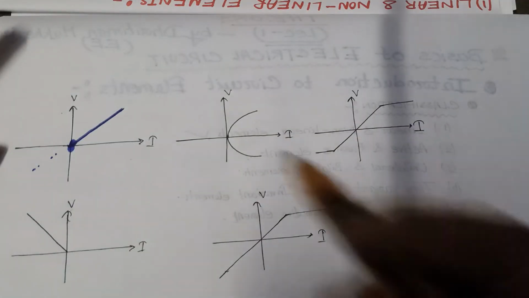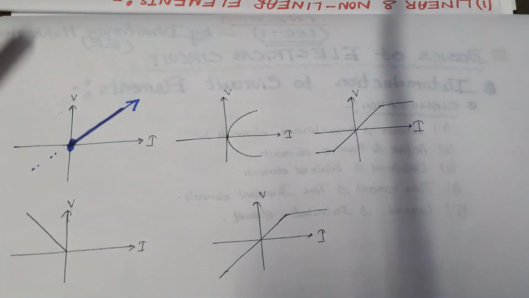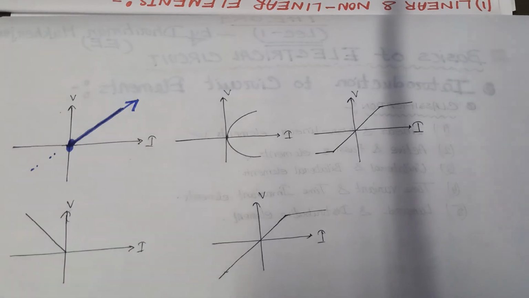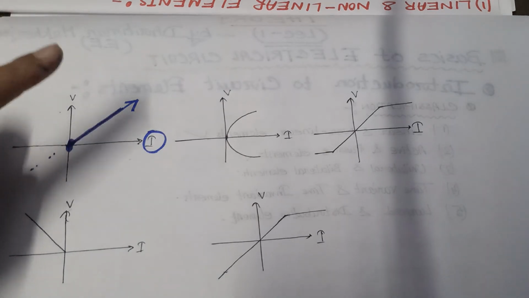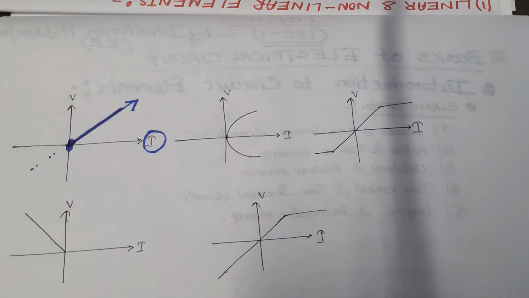It is only increasing to the positive side, so we cannot say that it is satisfying the equation for all values of I, which means it is not continuous. So it is following only one equation of straight line passing through origin, but not for all time. That is why it is again non-linear.